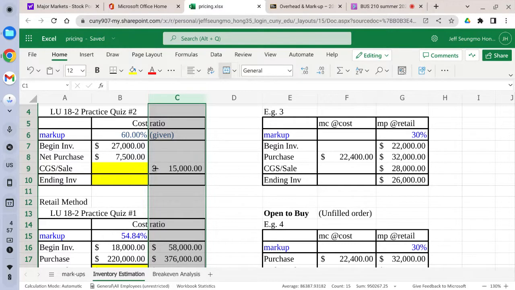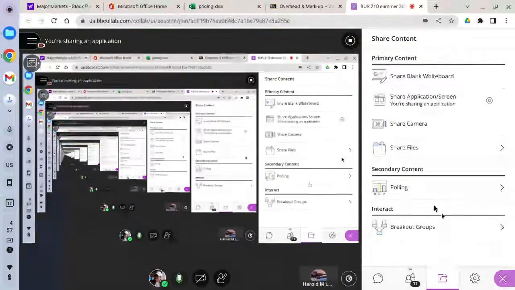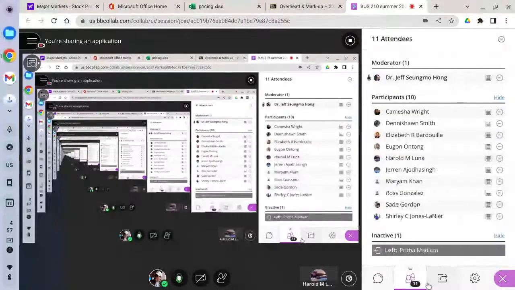I'm saying this over and over, but revenue and cost are two sides of the same coin. CGS is the cost side of the revenue, and revenue is the price side of the CGS.